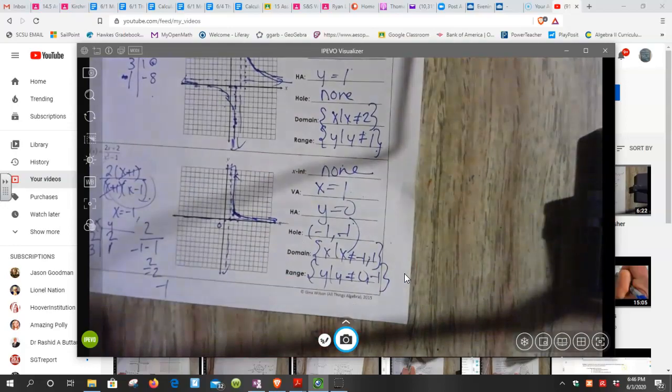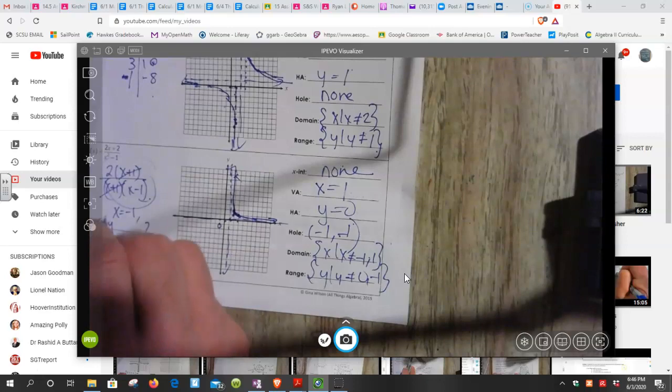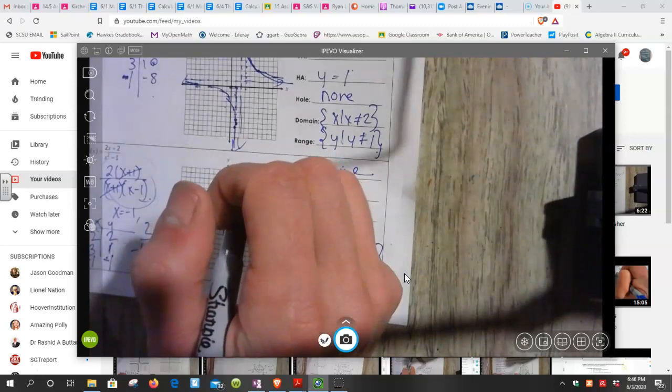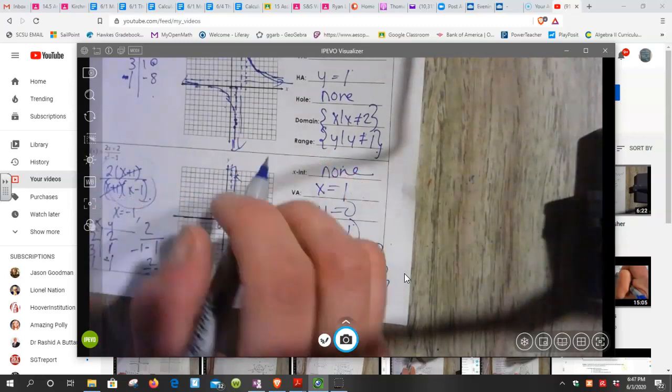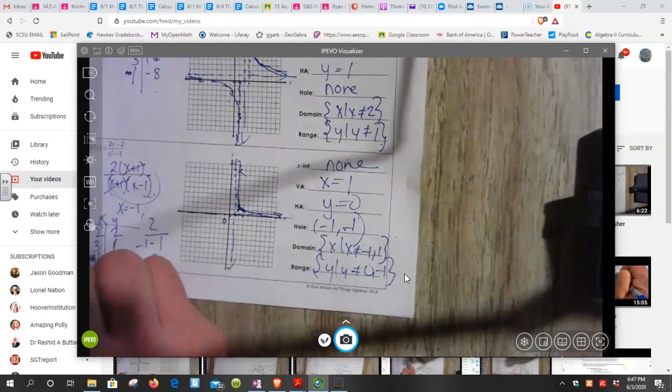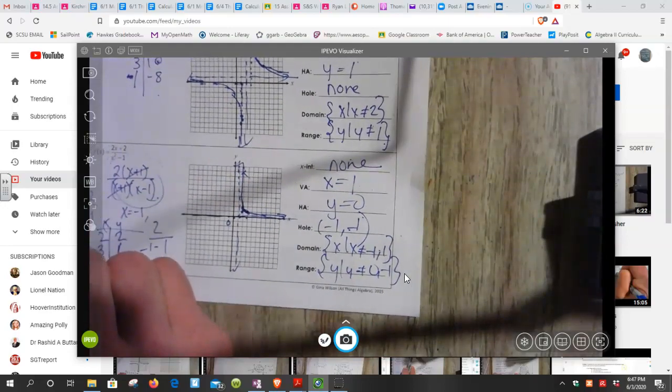So let's try some negatives. Negative 1 would be, you can't have negative 1, that wouldn't work because of the denominator. So check that one out. Try negative 3.